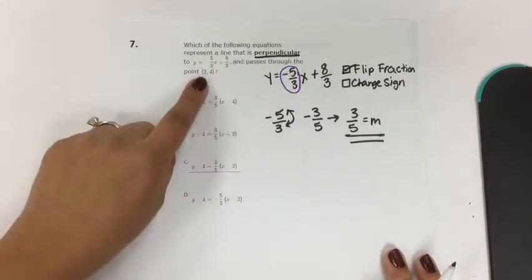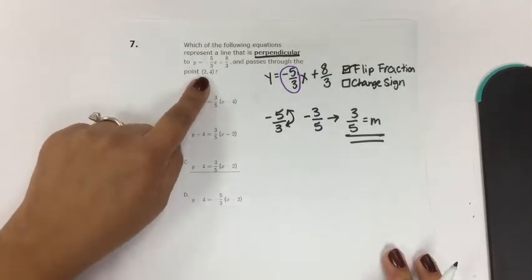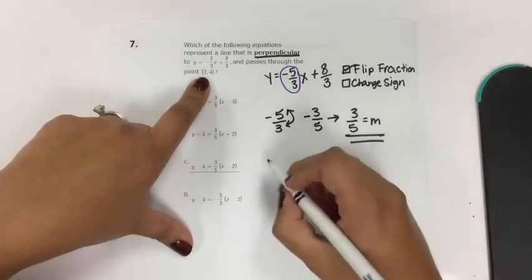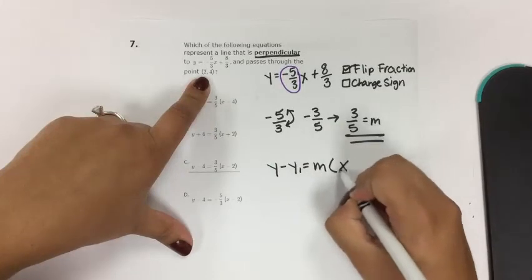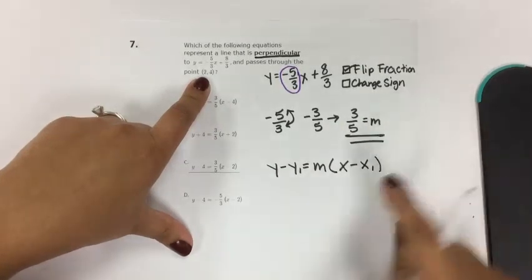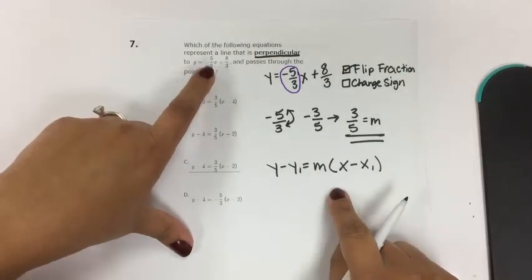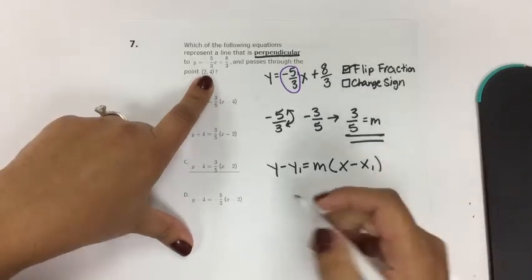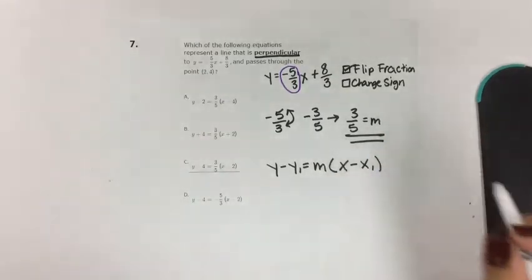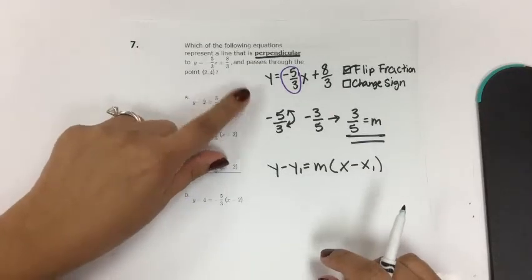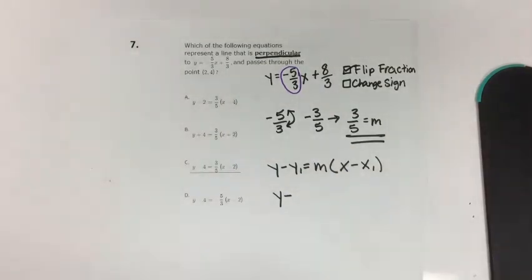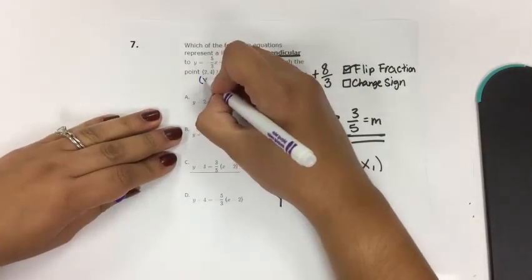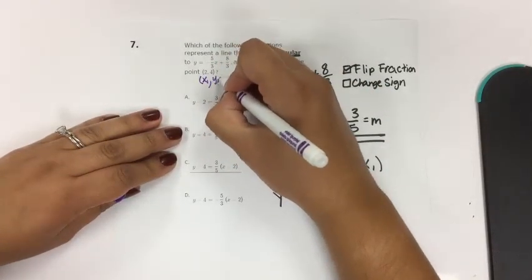So this is my new slope. And it needs to pass through this point. So the formula I'm going to use is y minus y1 equals m times x minus x1. This is point slope formula because we have a point and we have slope. So if my point is 2, 4, this is x1, this is y1.